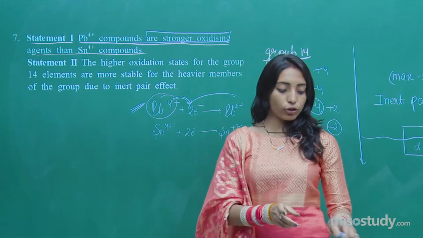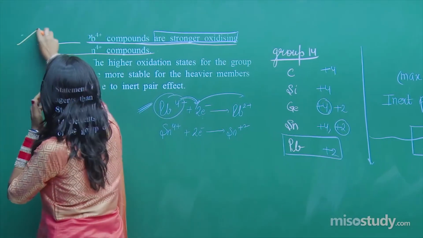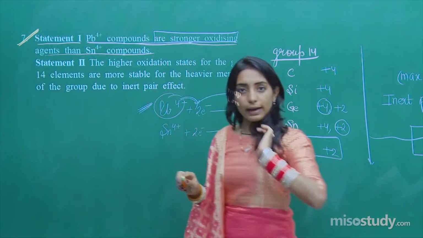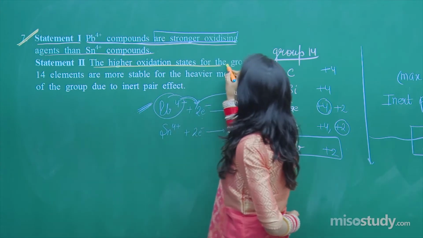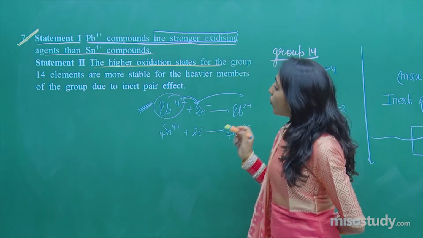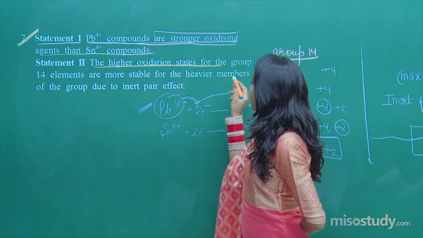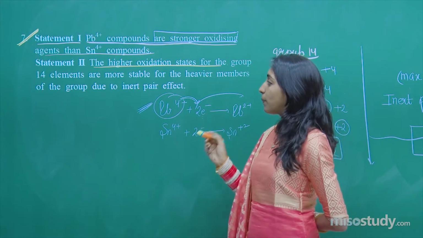So this is for sure that our statement number 1 is completely correct. Moving on to the second statement: the higher oxidation states for group number 14 elements are more stable than for the heavier members of the group due to inert pair effect.